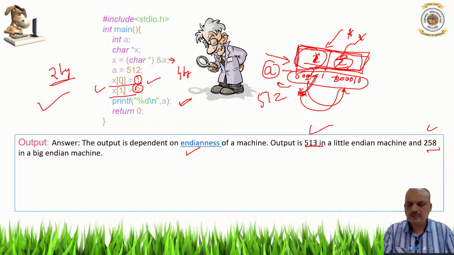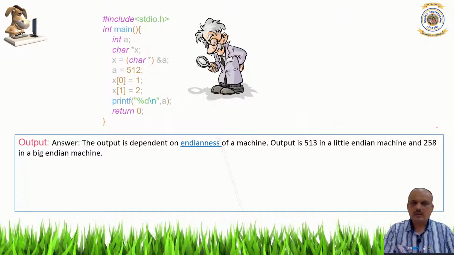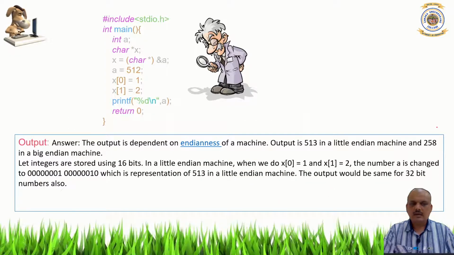So that explains quite a lot, I feel. That is what I was trying to explain. This is the bit pattern that happens, and if you read it together, this number turns out to be 513.